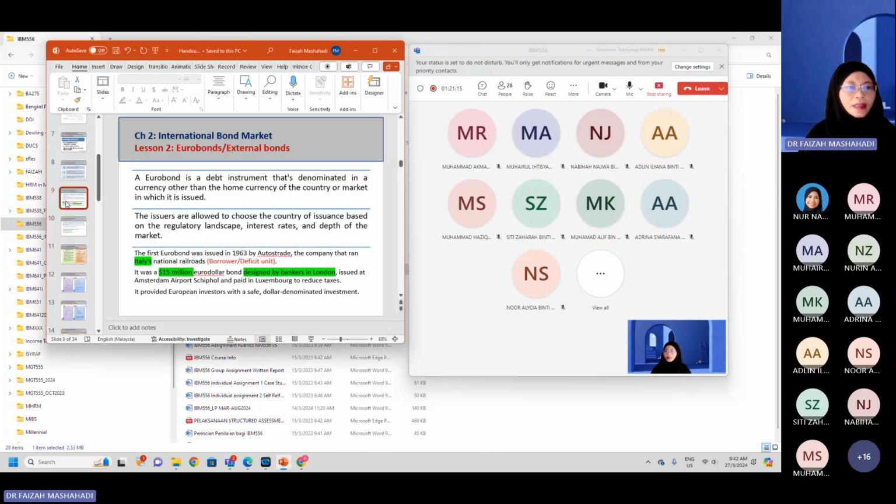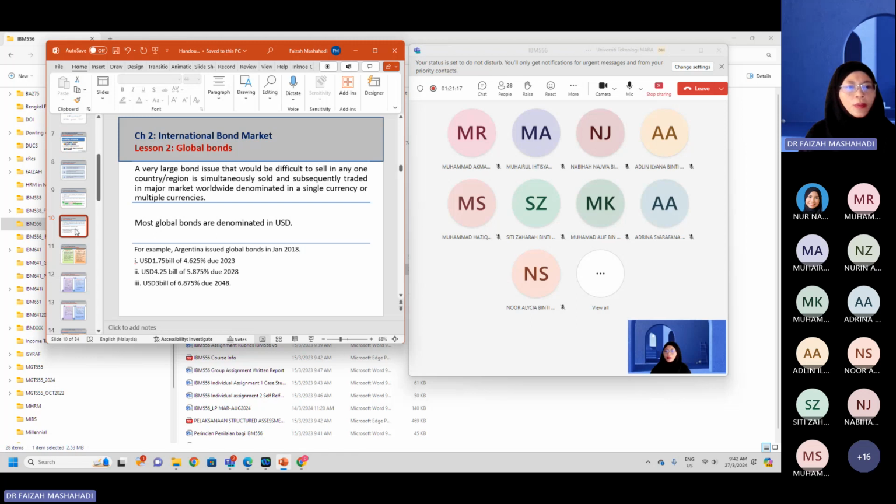That one is actually Eurobonds. Okay, we have another one which is the global bonds. A global bond is a very large bond issue that will be difficult to sell in any one country or region, and is simultaneously sold and subsequently traded in a major market worldwide, denominated in a single currency or multiple currencies. So we're talking about billions of dollars in bonds, a big amount of capital and principal to be provided by the surplus unit.